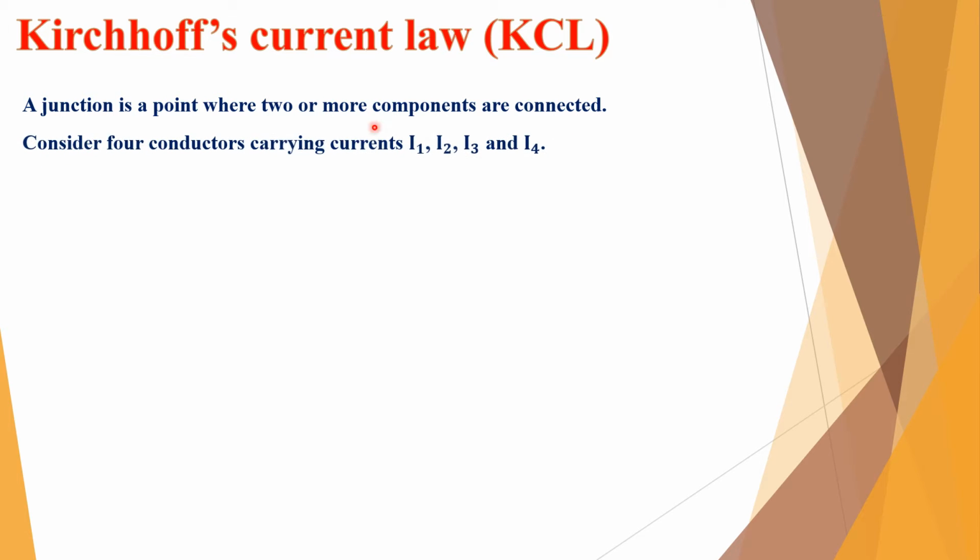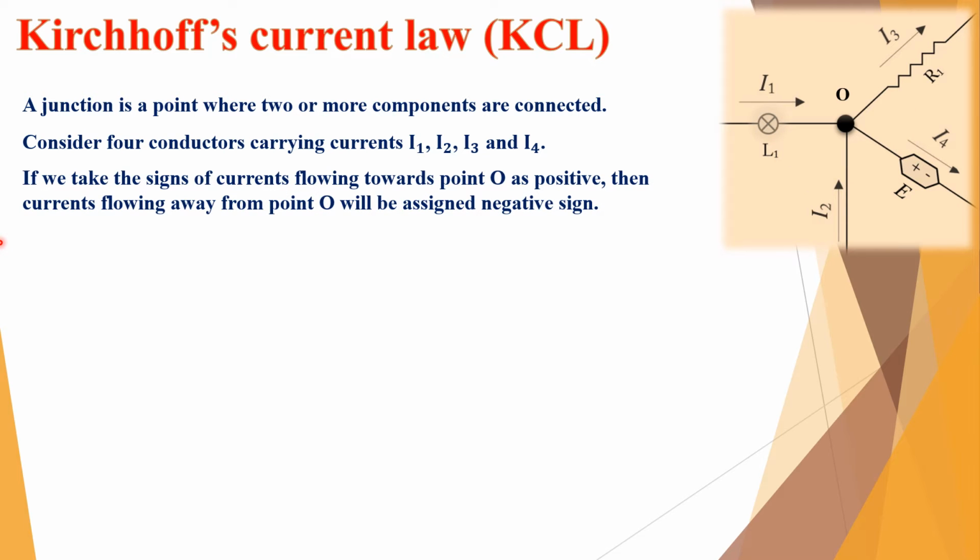Consider four conductors carrying currents I1, I2, I3 and I4. If we take the signs of currents flowing towards point O as positive, then currents flowing away from point O will be assigned negative sign.